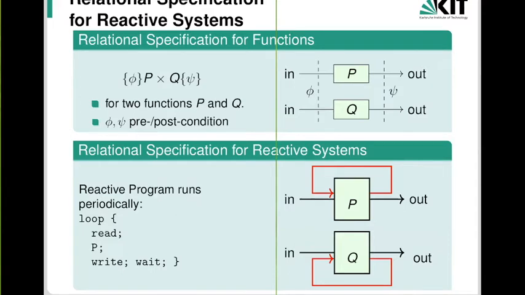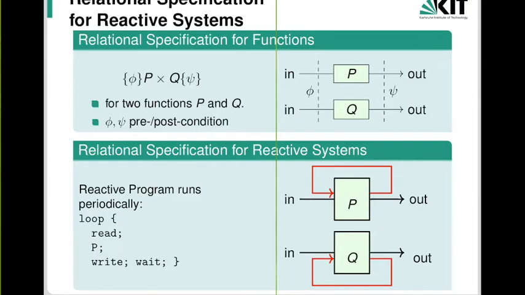Reactive systems are very common in the cyber-physical world, for example, in production systems or in the automotive domain. Their characterization is that these systems are triggered periodically to react on the current situation of their environment. This means that the system runs forever, like an unbounded loop represented on the left.